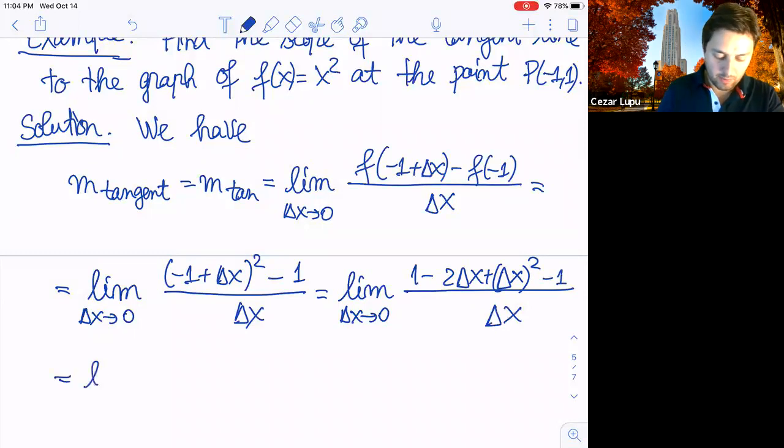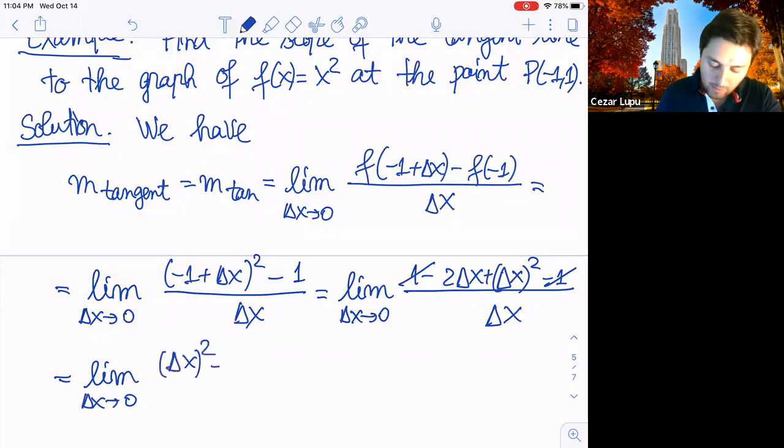And this will give us the limit as delta x approaches 0 of, so 1 here, as you can see, goes away. So I'll have only delta x squared minus 2 delta x, everything over delta x.